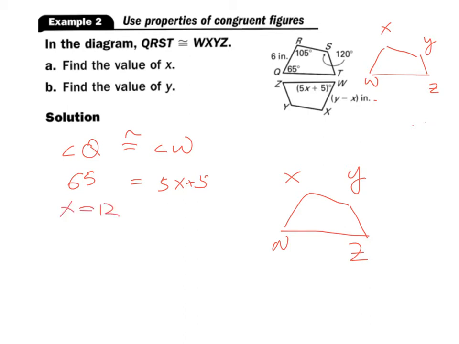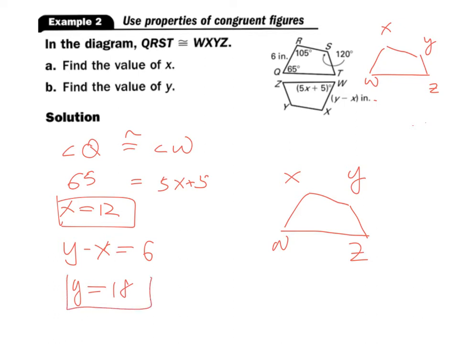And then same thing with the sides. The side WX is y minus x. And then its corresponding part is 6 inches, which is RQ. We know x is 12, so y has to be 18. Okay?